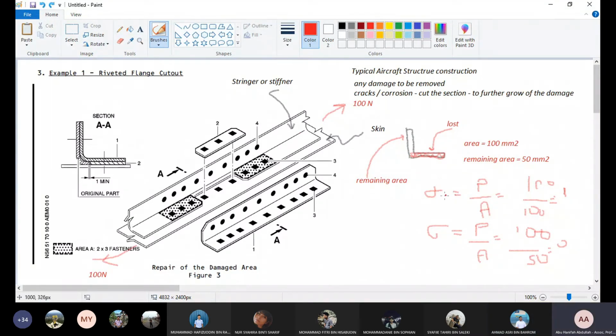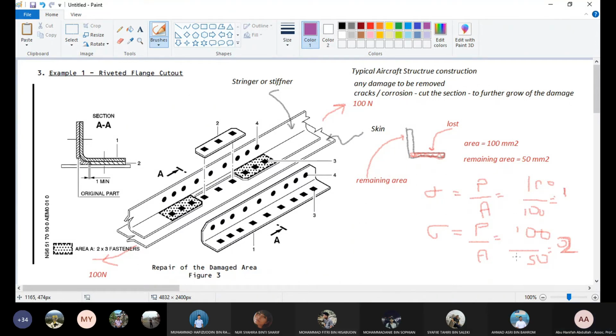So we have 2 Newton per millimeter square. What can you see? This load remains constant.